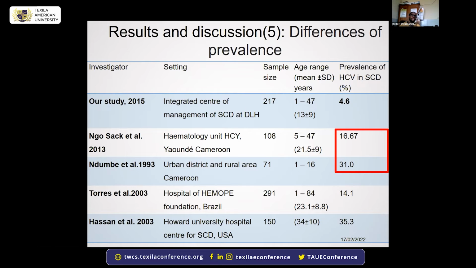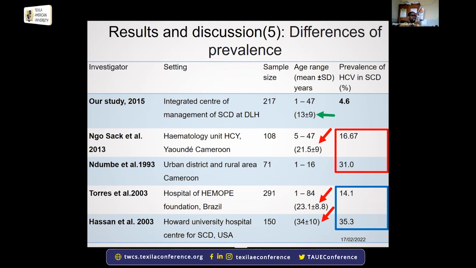Nevertheless, this raised our attention because our population was relatively young, but the prevalence of hepatitis C was really high. So an alarm has to be raised to identify why this young population is at risk of hepatitis C.